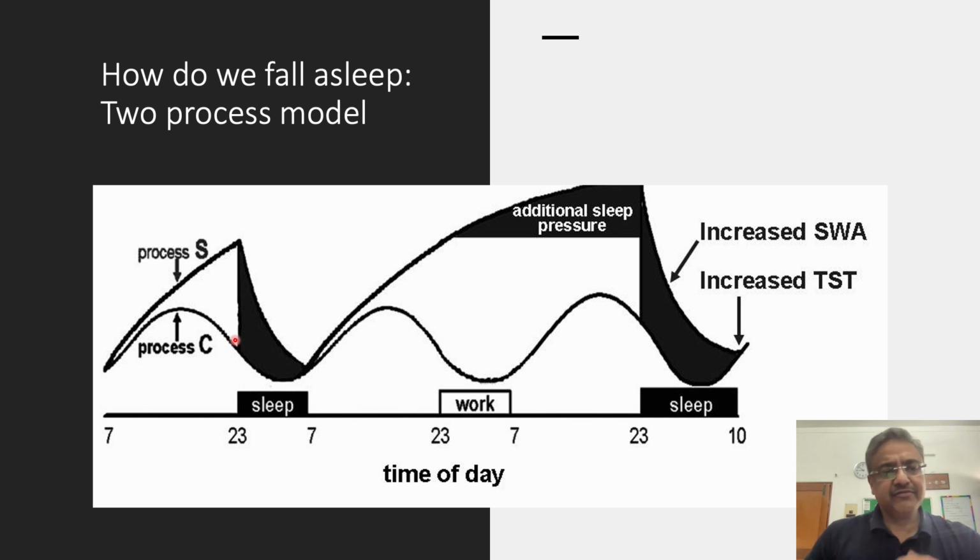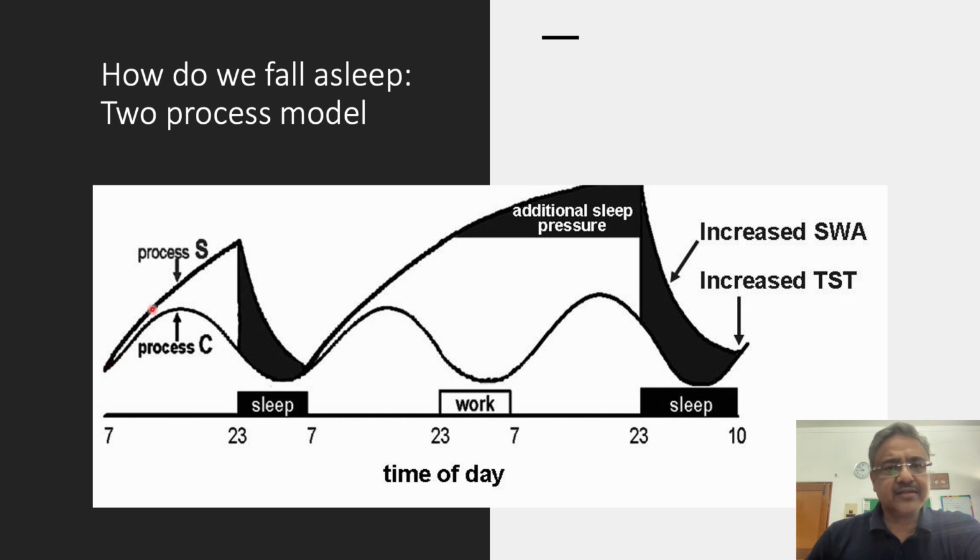Melatonin acts on other areas of the brain, and it allows us to fall asleep. As we sleep, the secretion of melatonin reduces, and in the morning, around 2 hours before the final wake time, the secretion of melatonin is at its nadir, and at that time we start to develop a process which increases arousal, so we stay awake throughout the day and we wake up in the morning.